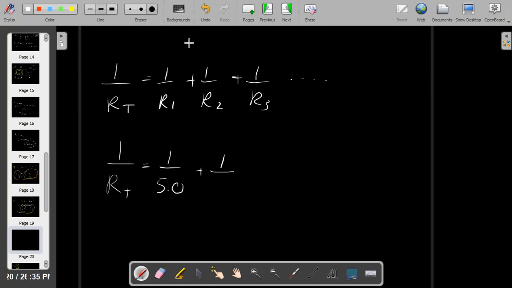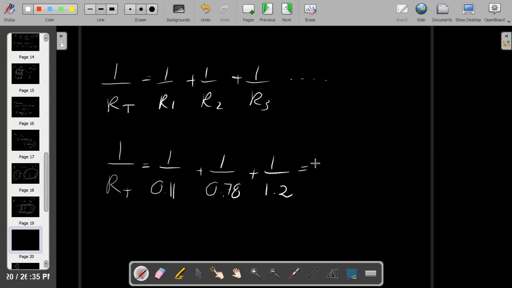1 divided by 5.0 ohms plus 1 divided by, no, that's not the numbers. I was copying from number 8. Let me erase these. Okay. I'm glad I noticed. 0.11 ohms, 0.78 ohms, and the last one, 1 divided by 1.2 ohms.